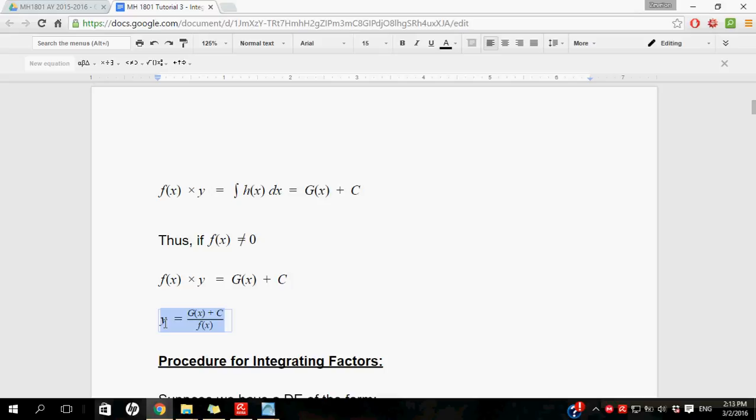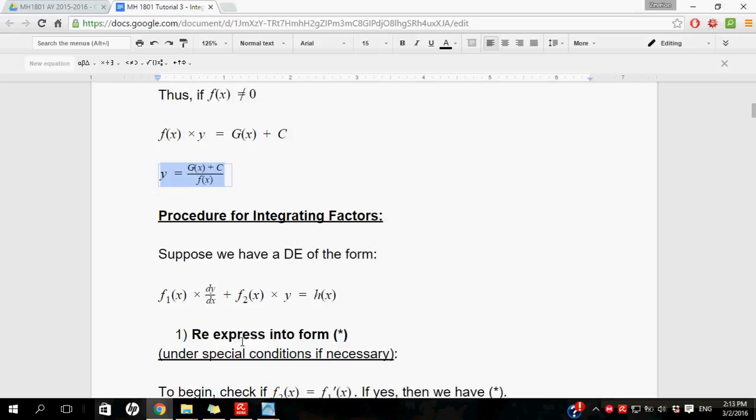Of course, we need to note that we should check this condition, f of x not equal to 0, holds true before we can obtain the solution in this form.